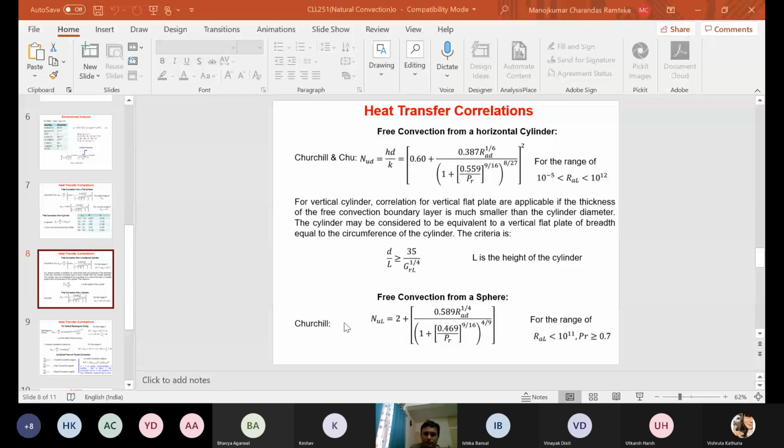Okay. So this is what the correlation is, isn't it? This is valid for a Rayleigh number greater than 10 raised to power 11, and the Prandtl number should be greater than or equal to 0.7. So in this case, air is used which has a Prandtl number around 0.695.